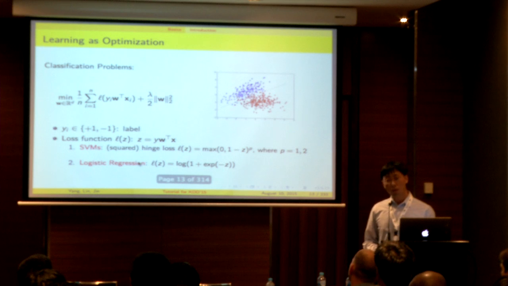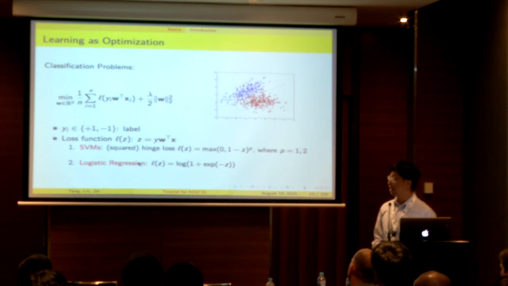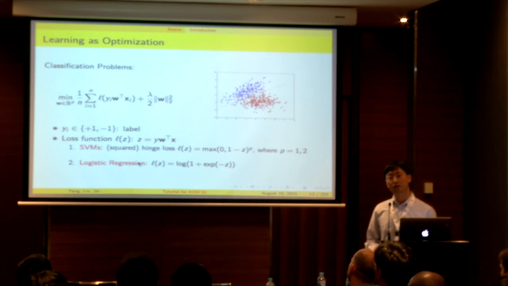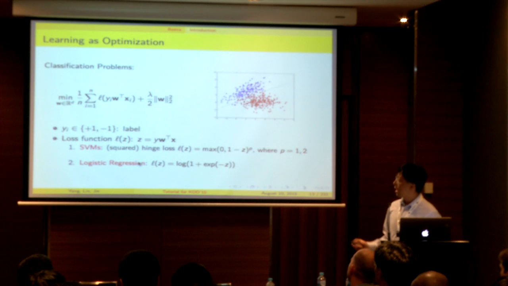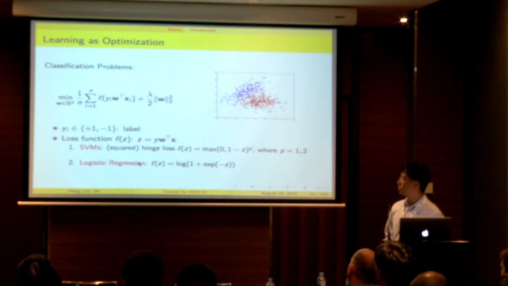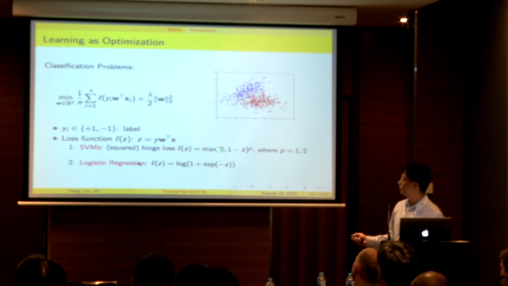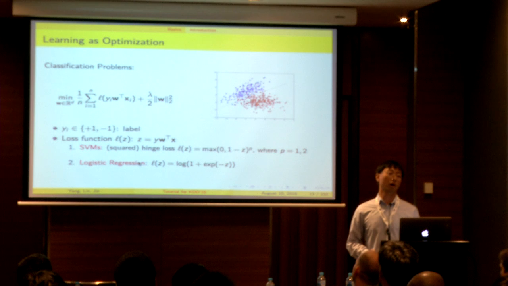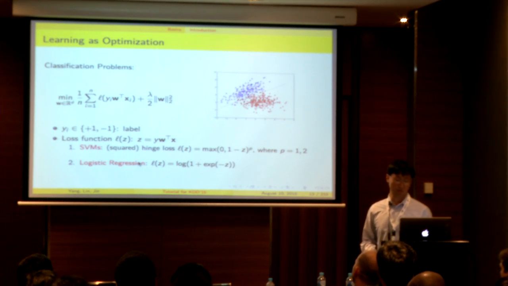Classification problems can be formulated similarly, except that the loss function is defined differently. If we are interested in binary classification, the label y is positive 1 or negative 1. The loss function is defined over the prediction times the label y. The loss function could be the hinge loss, or the squared hinge loss if we take the square. These losses are used in the famous support vector machine method.